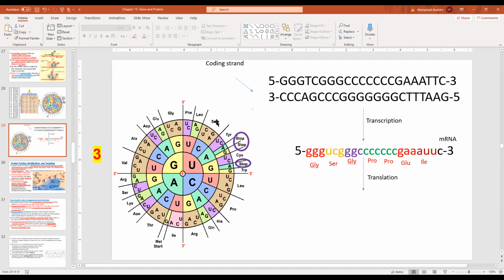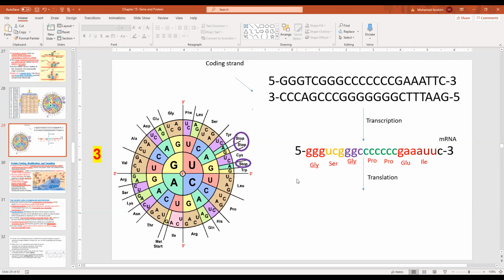Similarly, glycine: GGG is a glycine, GGC is a glycine, GGU is a glycine. Also, there are some codons that, if the ribosome meets them, it will finish and terminate the translation. We call those stop codons.